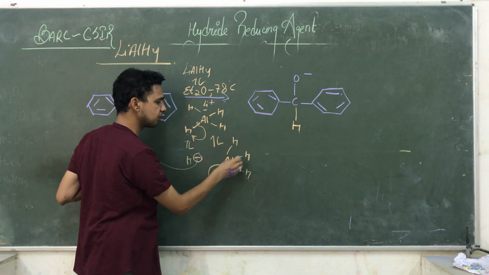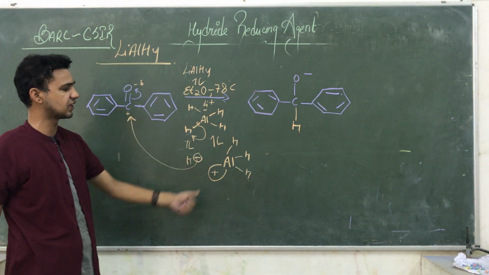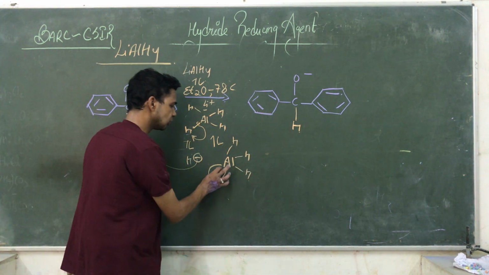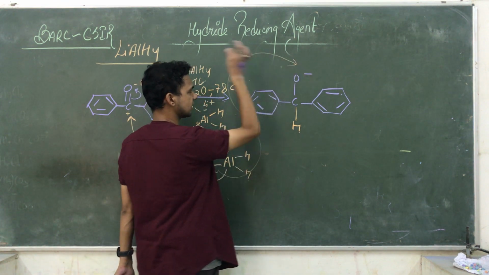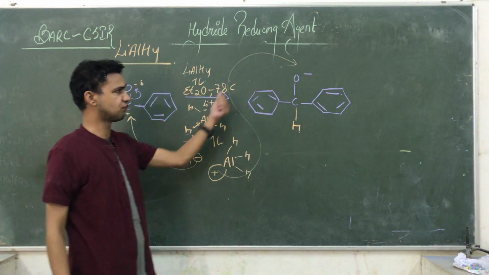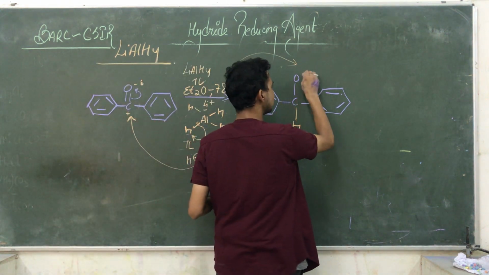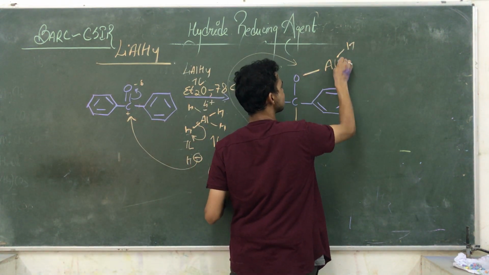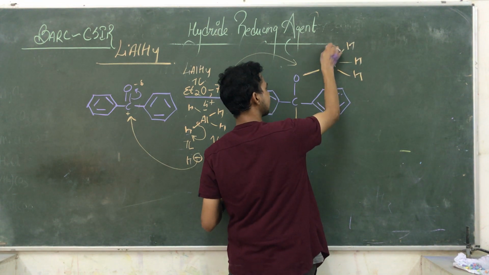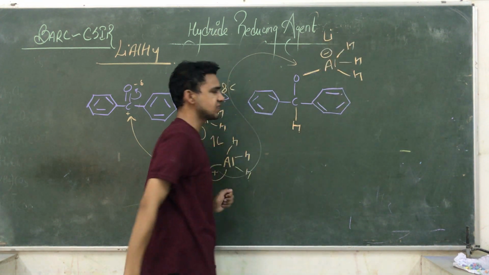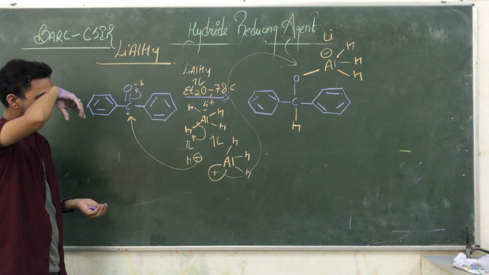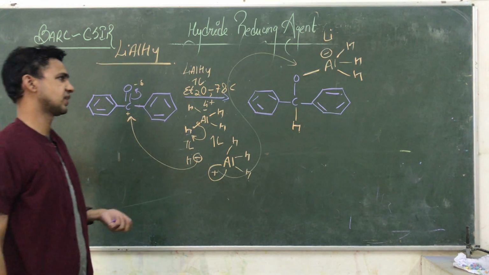At that time they are not behaving like a nucleophile, they are behaving like an electrophile. So this positive charge moves toward the oxygen's negative and forms a partial bond with oxygen. So it attaches with oxygen and forms H. Again it carries a negative charge and behaves like a nucleophile. Okay, so that reaction takes place.